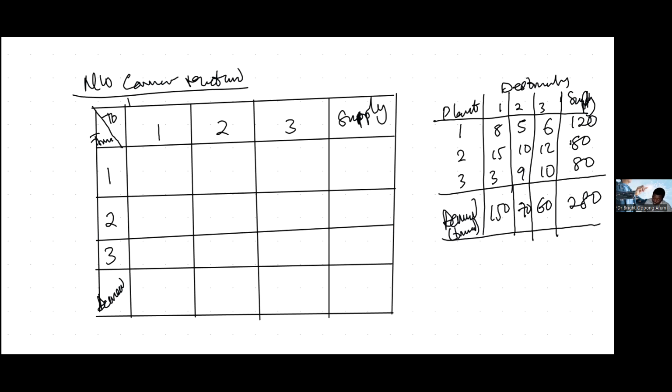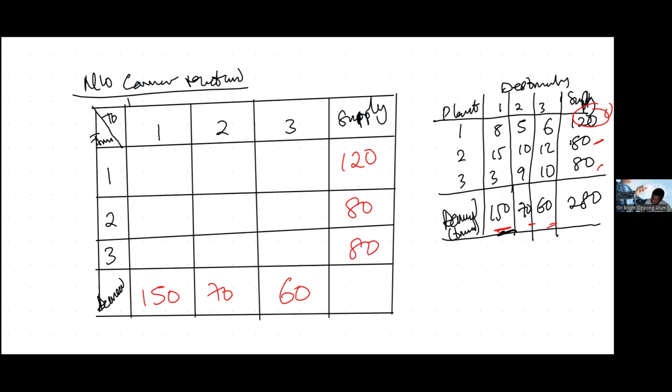Total demand for site one we have here as 150. Total demand here is 70, and demand for site 3 is 60. The total supply available here is 120, and that one is 80, and this is also 80.